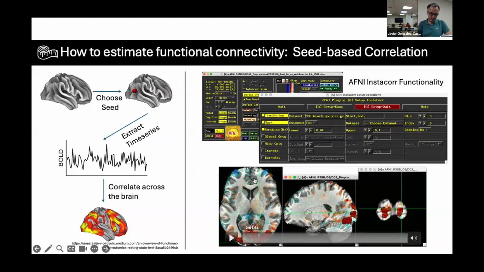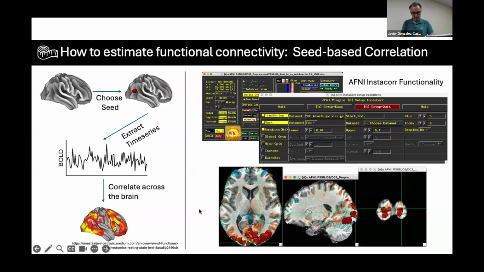in which you can put the mouse somewhere in the brain, and as you move around, as you will see in a second, it recomputes the connectivity between where the mouse is and everywhere else in the brain. So here we're starting with me having set the seed right here in occipital cortex, and seeing that there is a lot of correlation within occipital cortex, but you will see in a second, as the mouse starts moving around, how the pattern of connectivity changes.